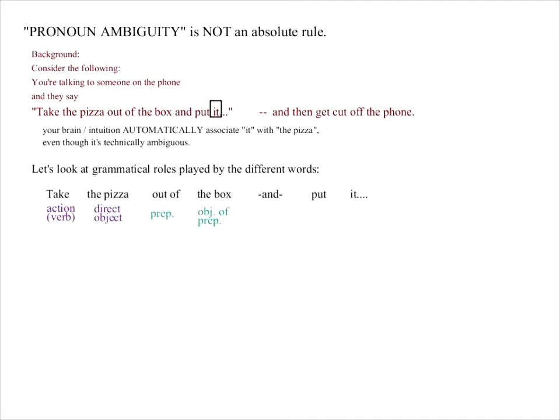But then if you take a look at the second clause, we have another action verb, and we have another direct object. So notice that this is parallel to the pronoun, and this is not parallel to the pronoun.